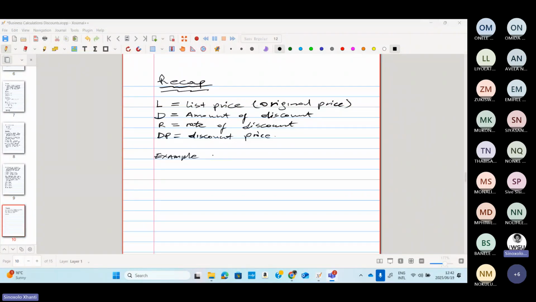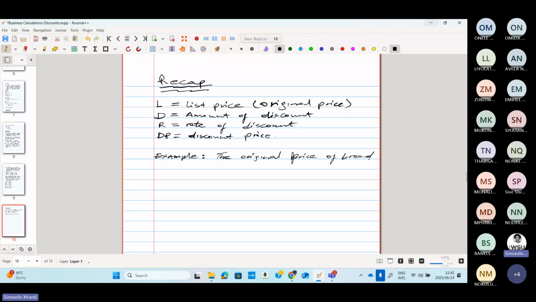Let's say we have an example with an original price. This is P, the price of bread.